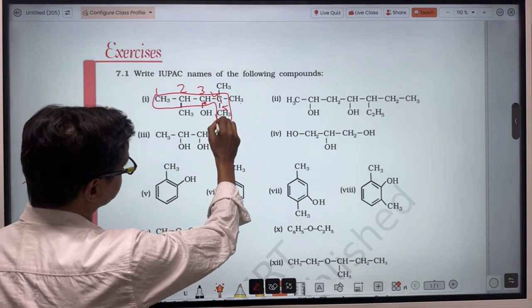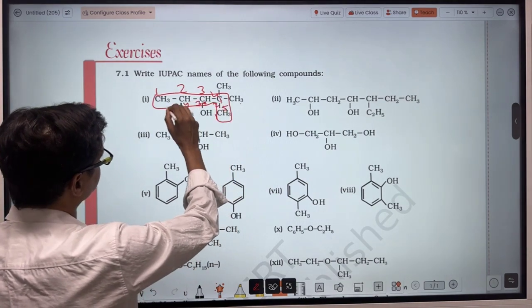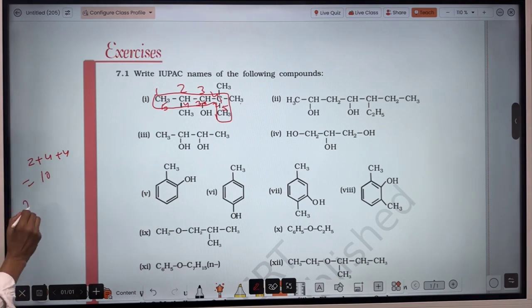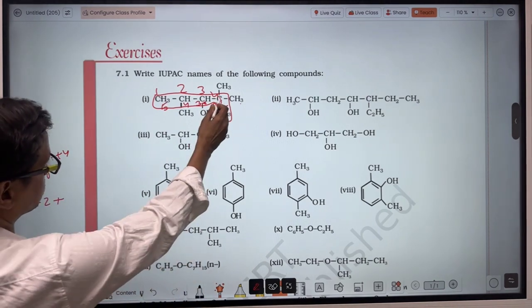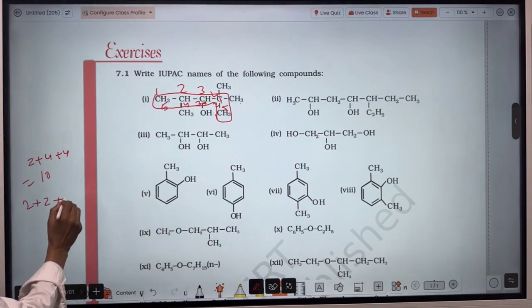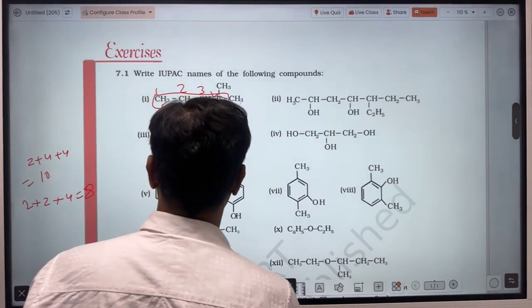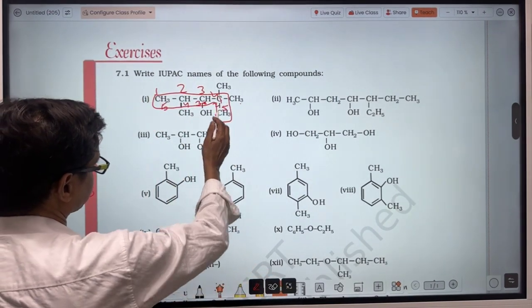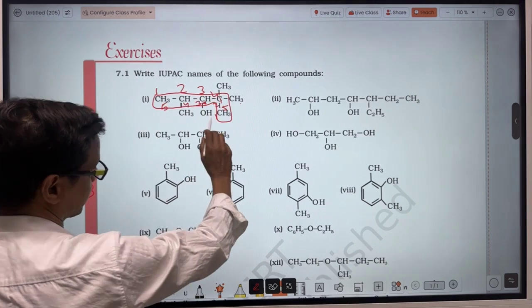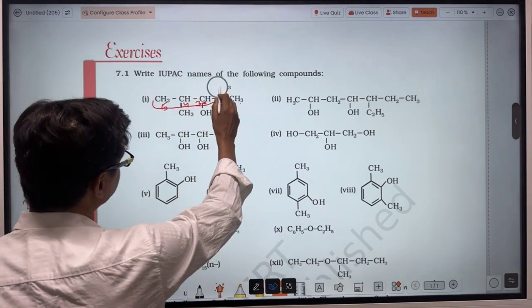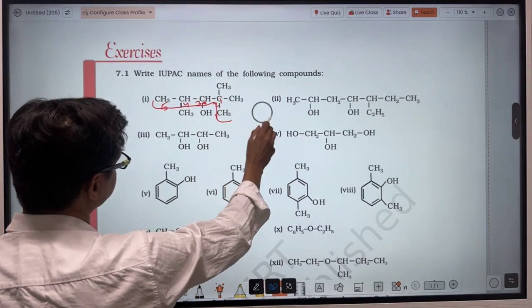And when you do numbering from here, 1, 2, 3, 4, 5, then at second position there are 2 substituents, so that will be 2 plus 2 plus, then at fourth position there is 1 substituent, so it comes to 8. 8 is lower, so that's why we will have to do numbering from this direction and not from that direction.